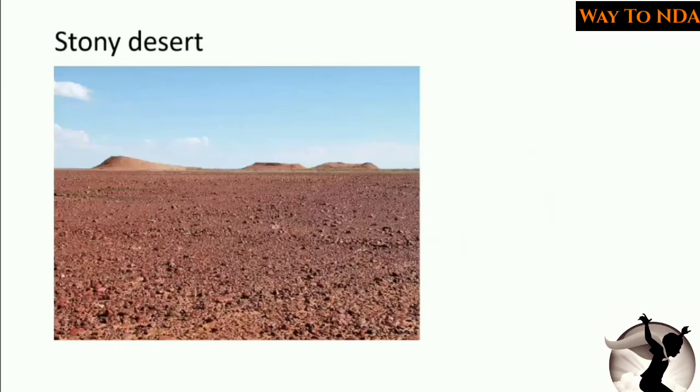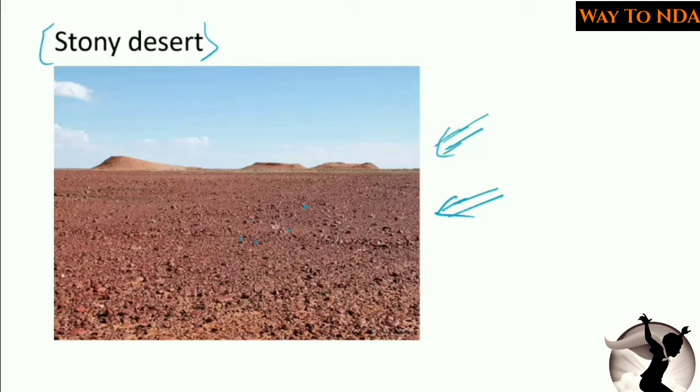The next type is the stony desert, where you will find small stones. There are no big rocks, but the big rocks have weathered into small stones, and this is the speciality of the stony deserts.